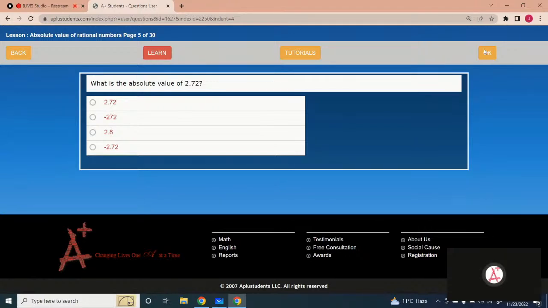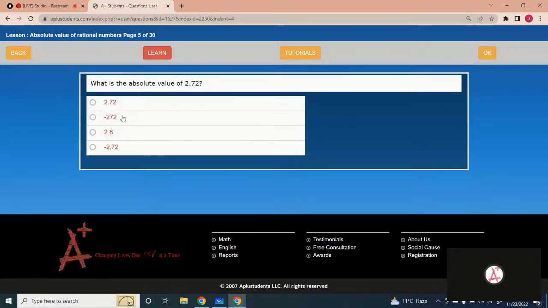It would be the first option. It would be 2.72. Exactly the same number.